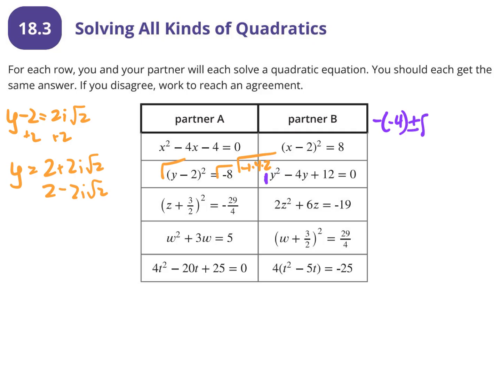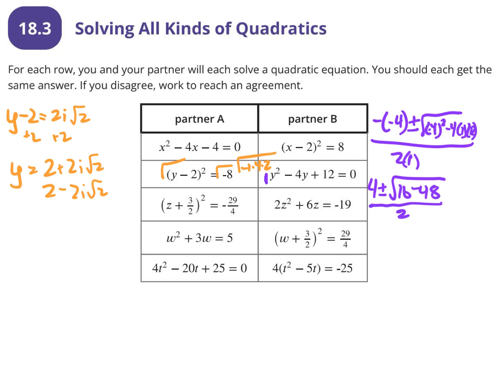Plus or minus the square root of b squared, -4 squared, minus 4 times a times c, all over 2 times 1. So I get 4 plus or minus the square root of 16 minus 48. 4 times 12 is 48, over 2. I get 4 plus or minus the square root of negative 32 over 2.